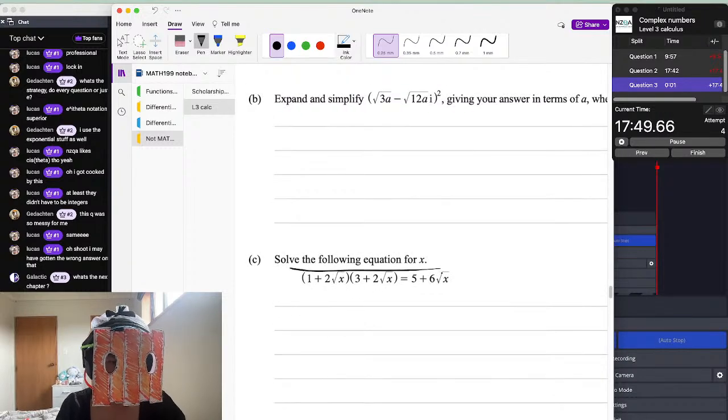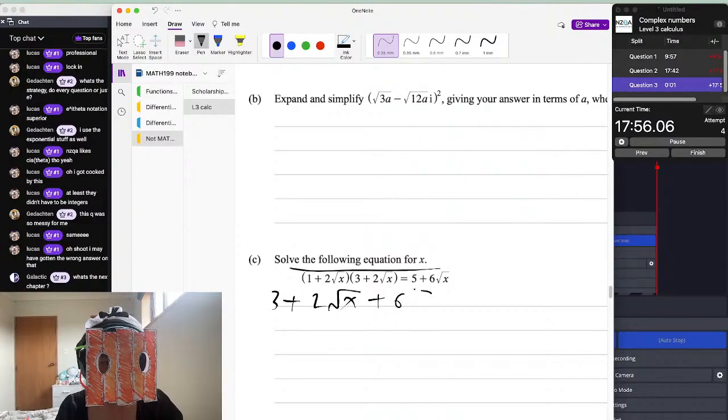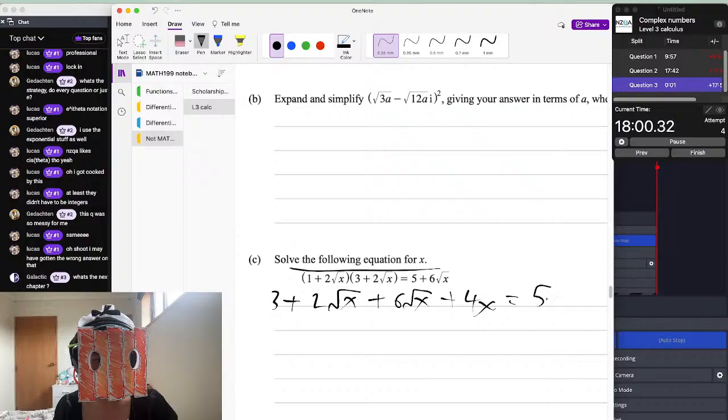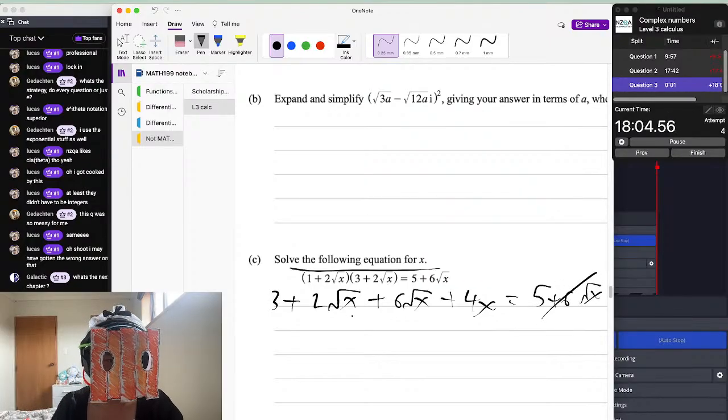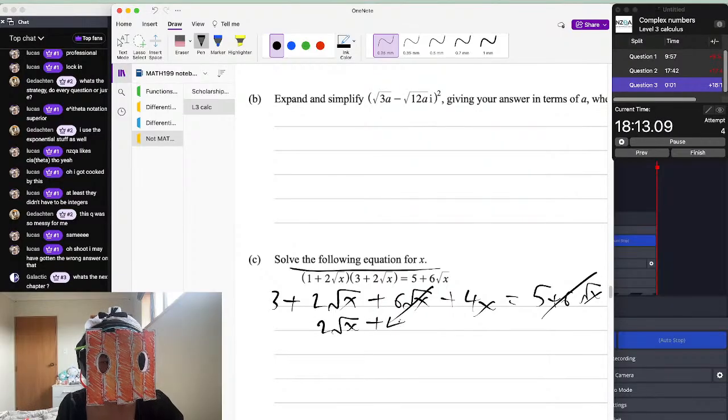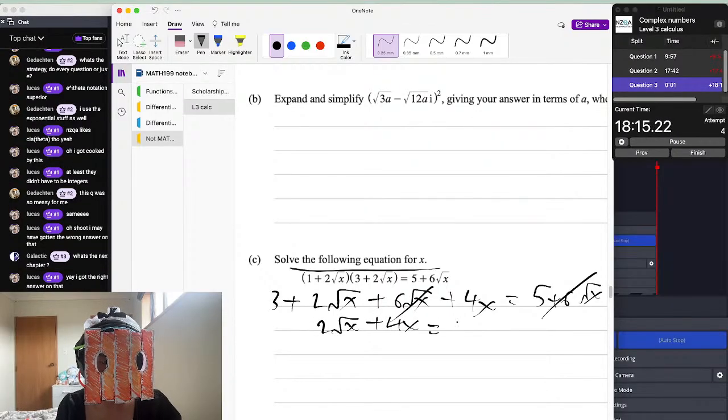Solve the following equations for x. That's gonna expand to 2 square root of x plus 6 square root of x plus 4x equals 5 plus 6x. Right off the bat, those are going to cancel out, which leaves us with 2 square root of 4x equal to 2.